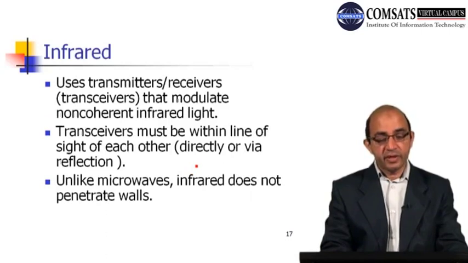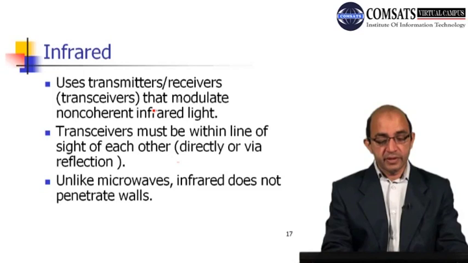And here we have the infrared. In case of infrared, non-coherent infrared light is modulated, and then it's transmitted, and it's used for transmitter and receiver.